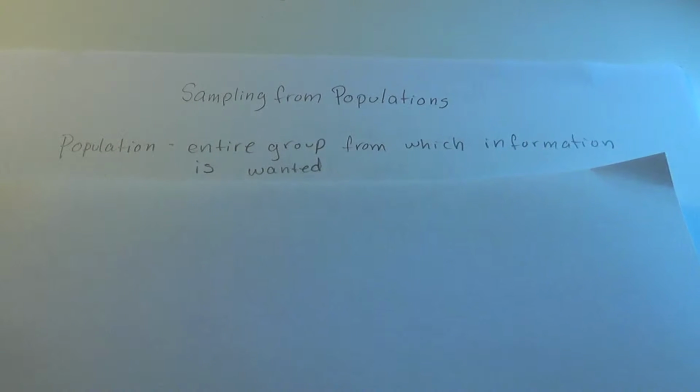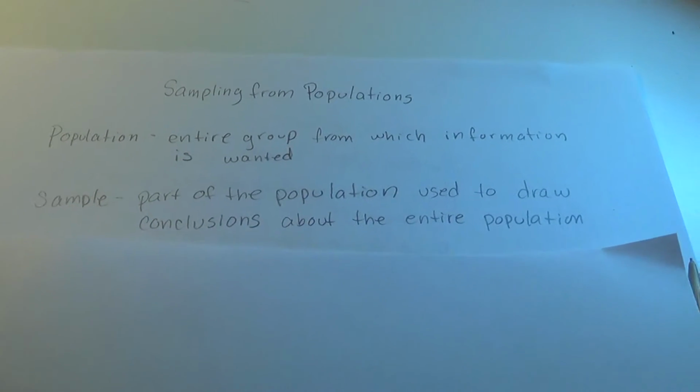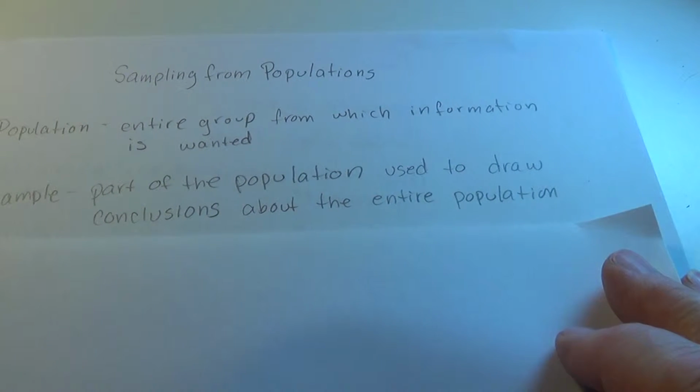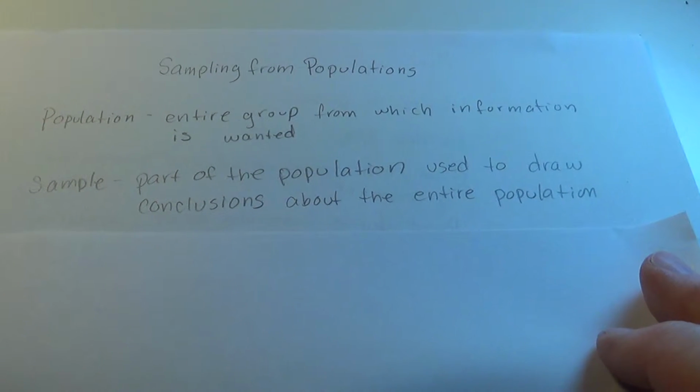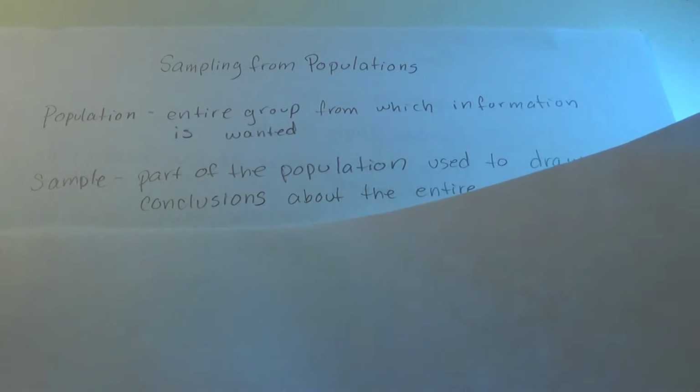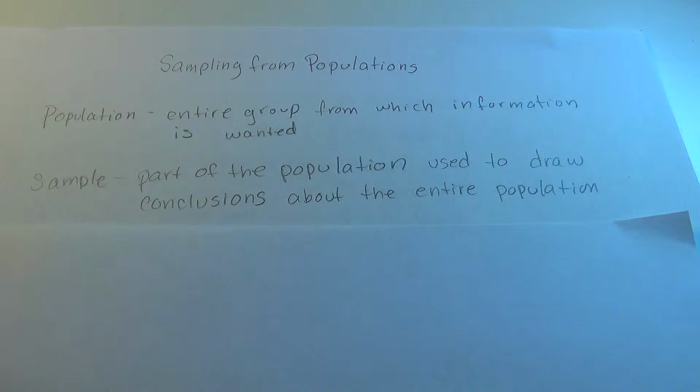Since we can't reach the entire group, we use what's called a sample. A sample is part of the population used to draw conclusions about the entire population. We take a portion of that population and ask our questions, and we design that sample so that it will be representative of the whole population.